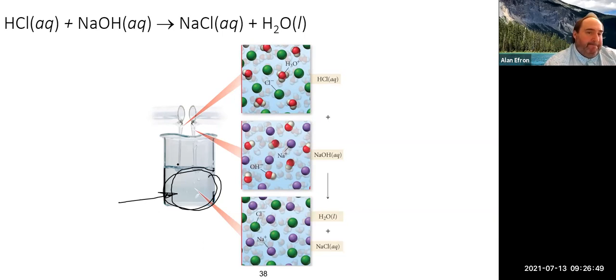Visually, it may look like not much went on. That is sometimes why people miss these types of reactions in person when they're trying to identify what is happening, because when you make water, it just looks like what was there before. So you need to understand that when you do that reaction, you are actually making something, even though you may not be able to see it. The formation of water is a really important part of the driving forces for why chemical reactions take place.